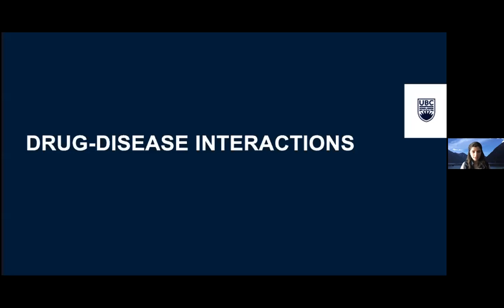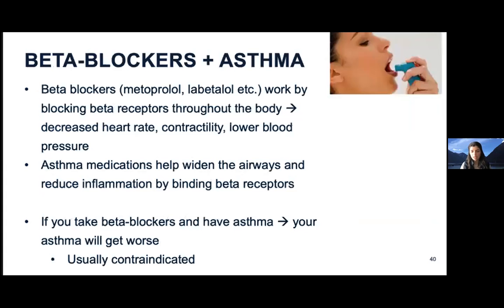And we'll just wrap up with drug disease interactions here. This interaction doesn't happen frequently because it's pretty well known, but it presents a good example of how two medications can potentially cancel each other out, or a condition and a medication.